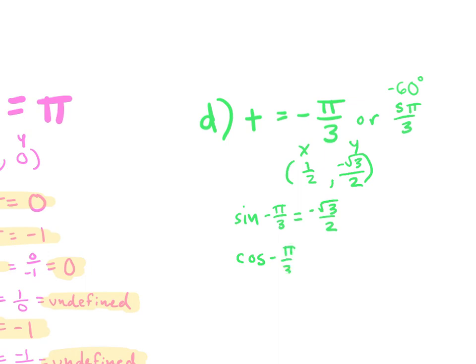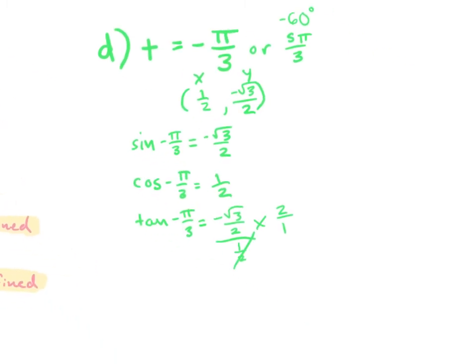Cosine is x, so 1/2. Tangent is y over x, so negative square root 3 over 2 over 1/2. Keep, change, flip. The 2's cancel out, so we would get negative square root 3 over 1, which would just be negative square root 3.